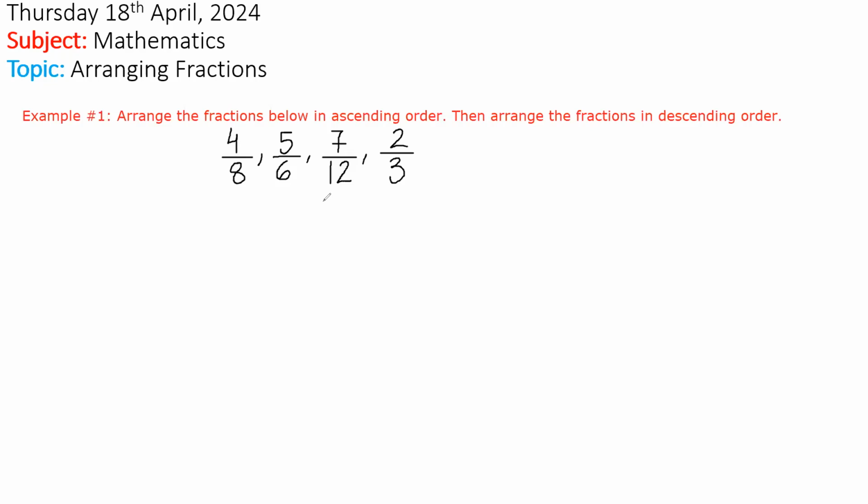So those are some interesting answers. In order for us to figure out for sure which fraction is the biggest, smallest, or which one is in the middle, the first thing that we must do is find the lowest common multiple of these 4 numbers.